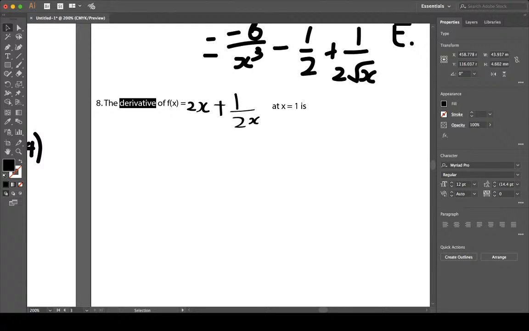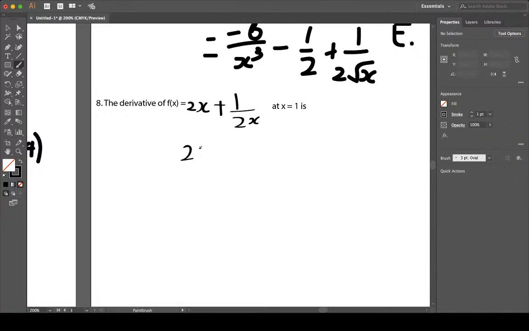So let's go ahead and just do that. Let me just rewrite this first: 2x plus half of x minus 1. There we go. Evaluated at x equals 1.